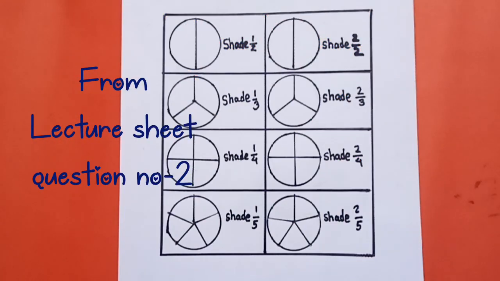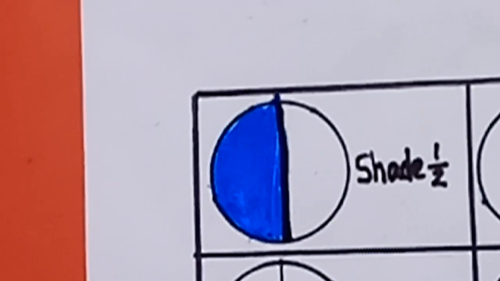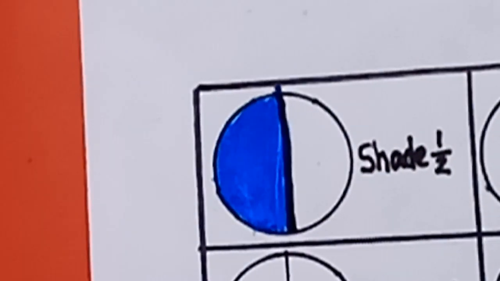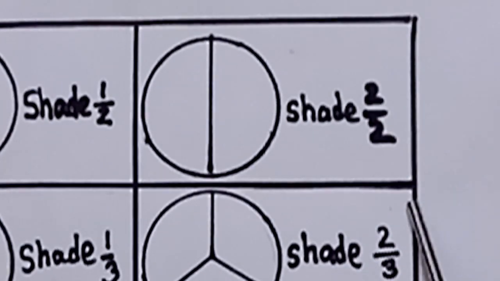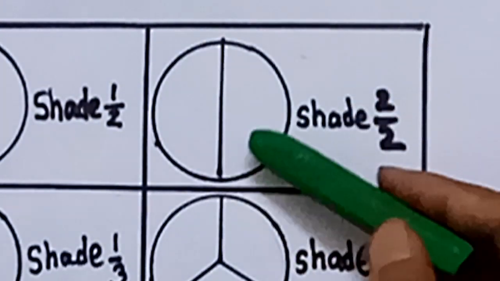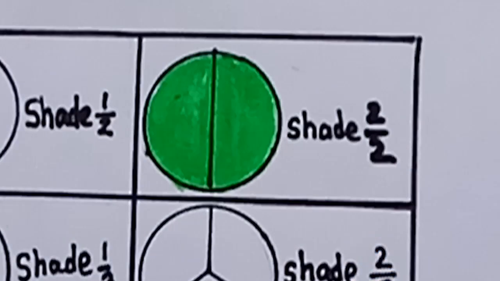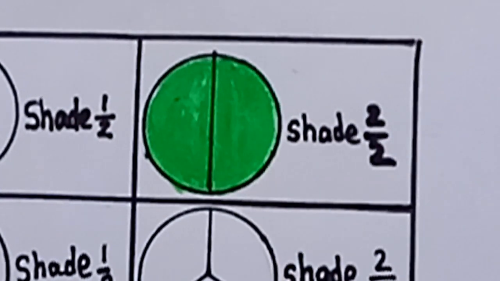Here, the first one is you have to shade half. I have shaded half. Then next is you have to shade 2 by 2. 2 by 2 means you have to shade the full portion. I have shaded 2 by 2, meaning the full portion.